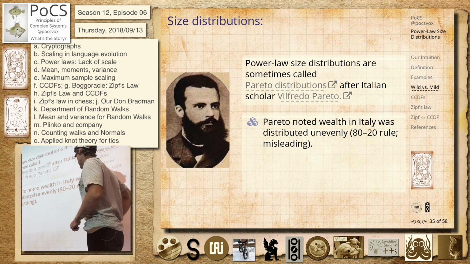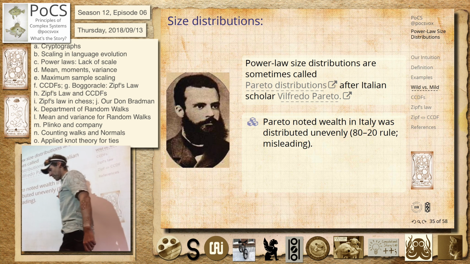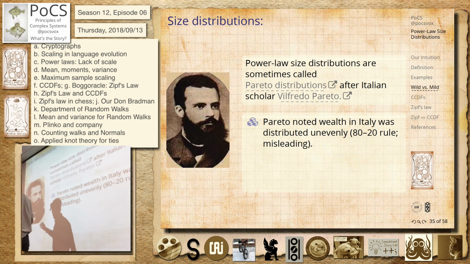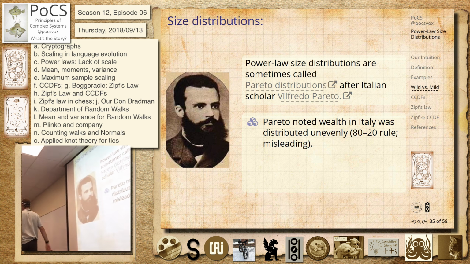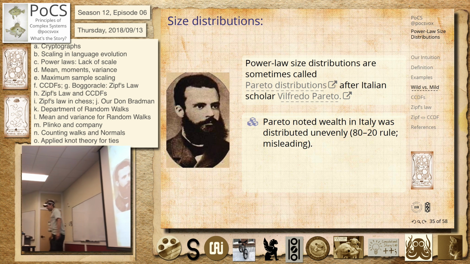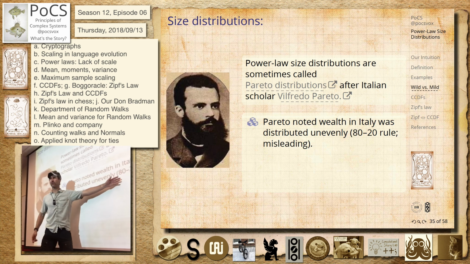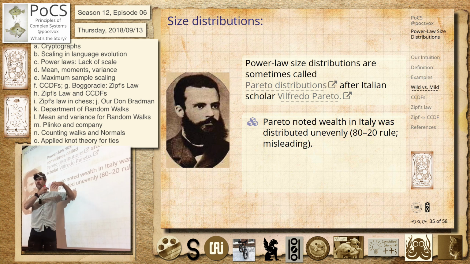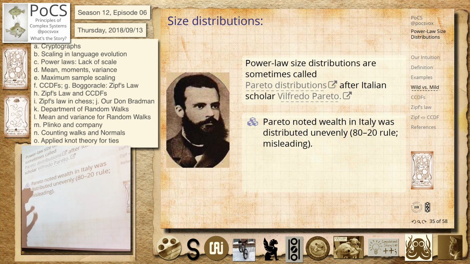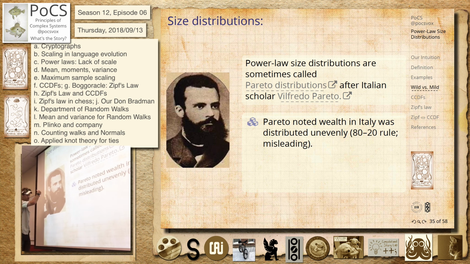And this is where you get some of these terms like the 80-20 rule, that 80% of the population, for example, has 20% of the wealth, and the flip of that. That's a useful thing, or 90% of the work takes 10% of the time, and 10% of the time is 90% of the work. It's a way of breaking these things down. But of course, we want to look at the whole distribution over and over again.